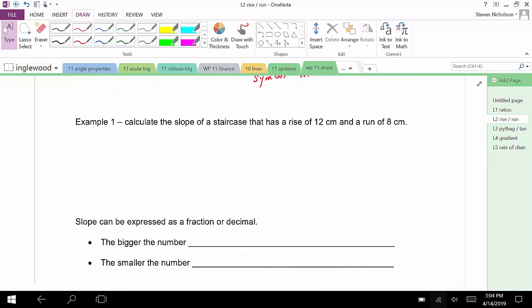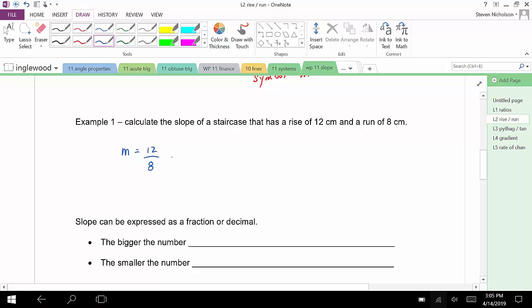So here's an example of just calculating the slope, giving a number to this steepness. Calculate the slope of a staircase that has a rise of 12 centimeters and a run of 8 centimeters. Well, slope is equal to the rise over the run. So that's the slope of this staircase.